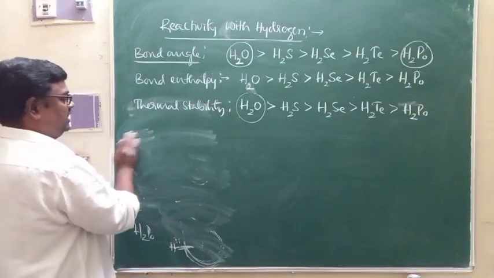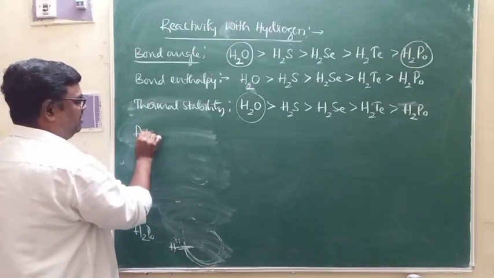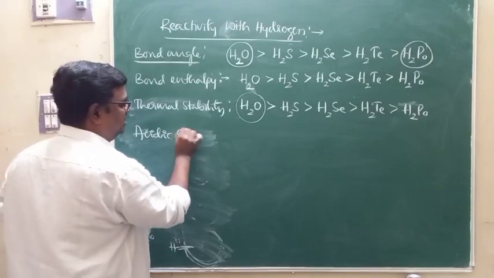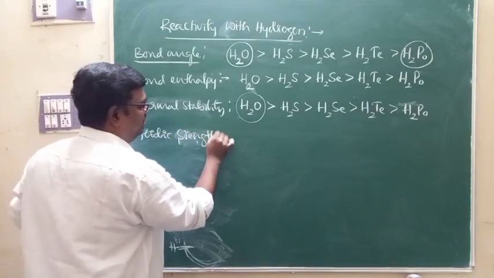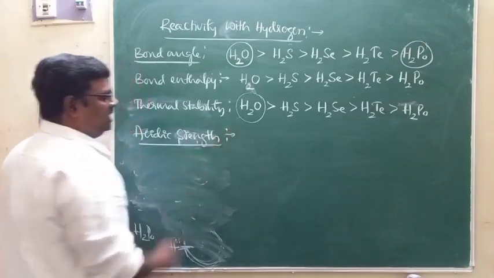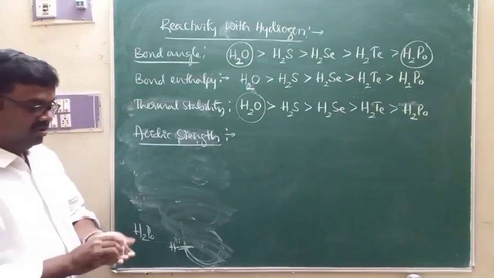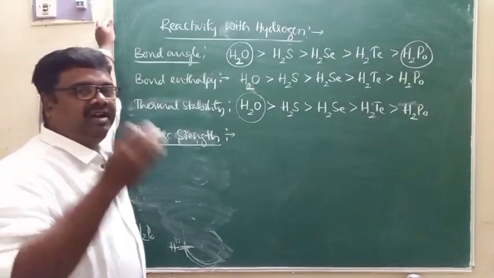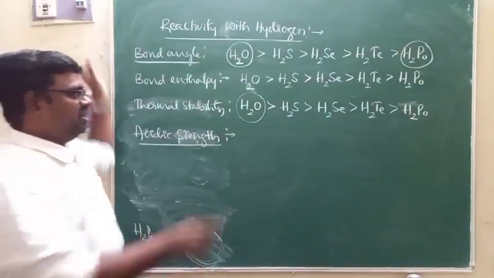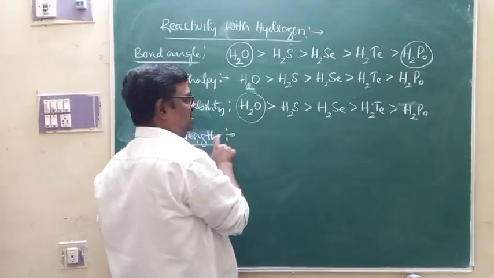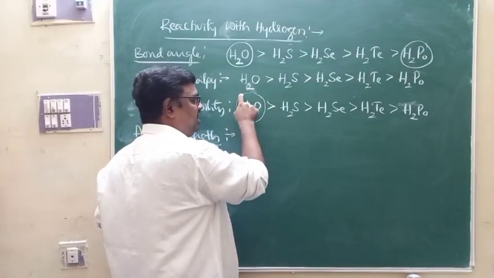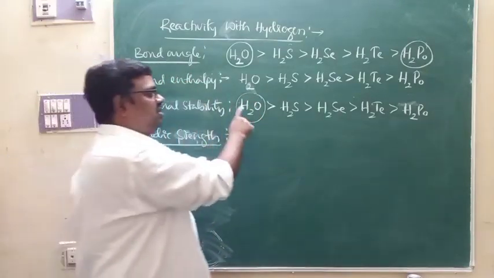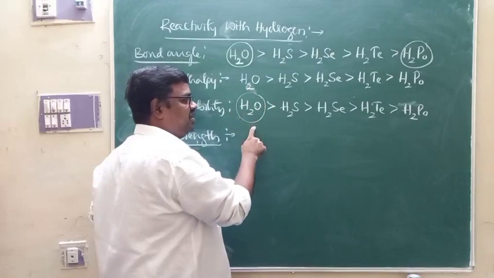Yes. So if it is so, what about the acidic property? Acidic strength is the tendency of releasing H plus ions. Acidic strength is expressed in terms of the ability to release H plus ion. If the OH bond is very, very strong, that is, the energy required to break the OH bond is very, very high, water doesn't release H plus ions easily.